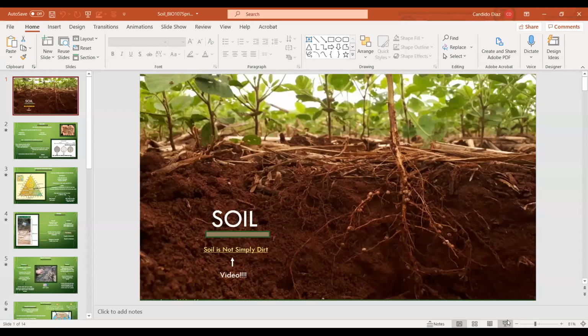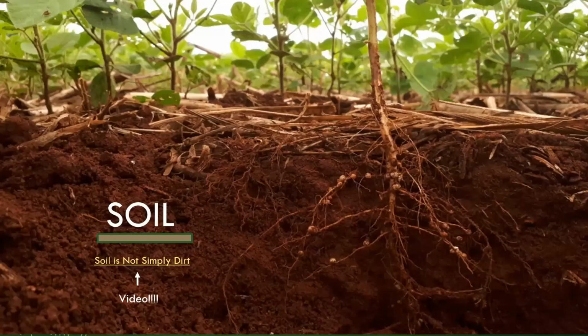So soil is not just dirt, right? It is its own underground ecosystem. As they just said in that video, there are nutrients in the soil that are not only important for plant life, but for fungi. Fungi are helping in the nitrogen cycle. They're acting as decomposers, returning organisms to the soil.